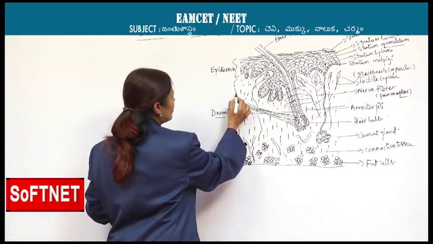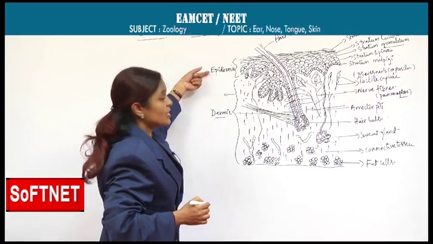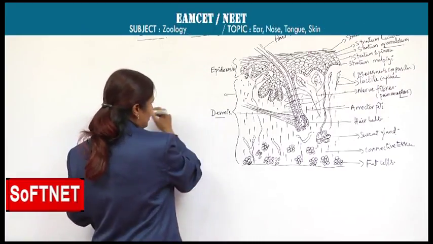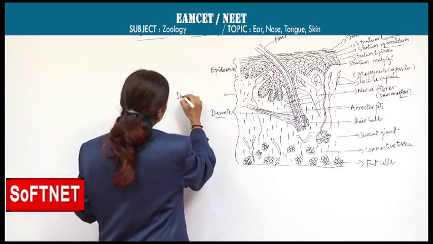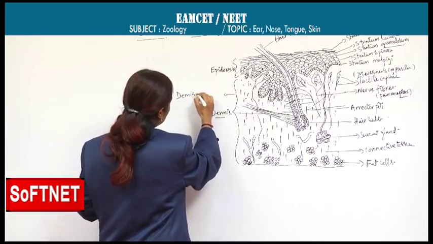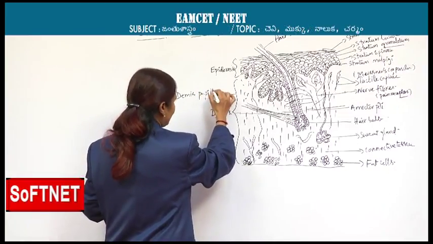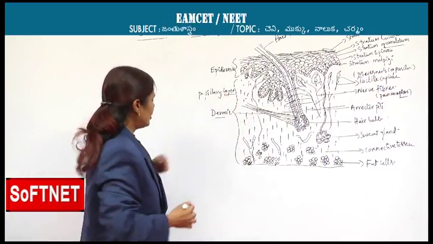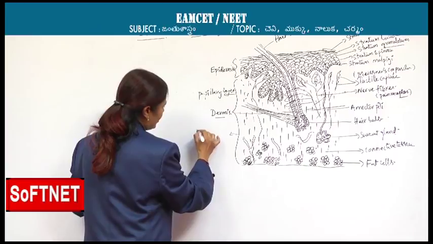the outer region of the dermis that lies close to or just below the epidermis is called dermis papillosum, or you say papillary layer, and now the lower layer of the dermis you call it as reticular layer.